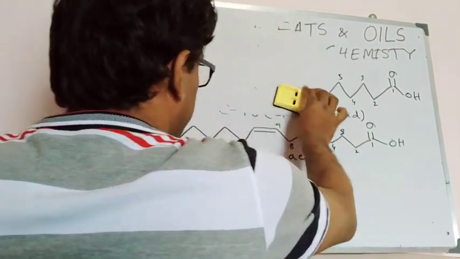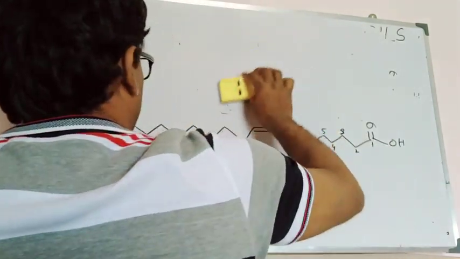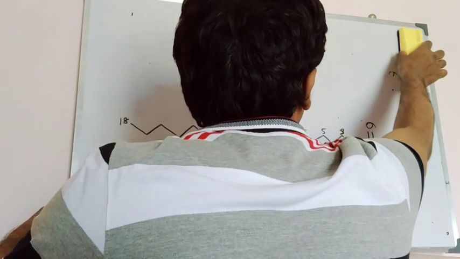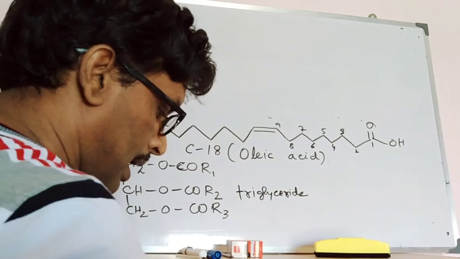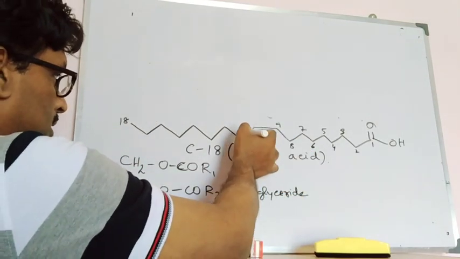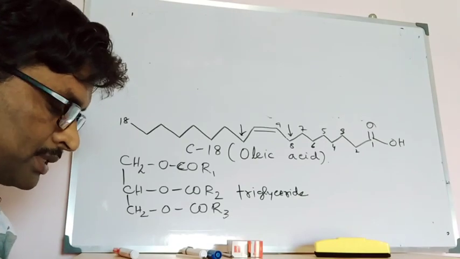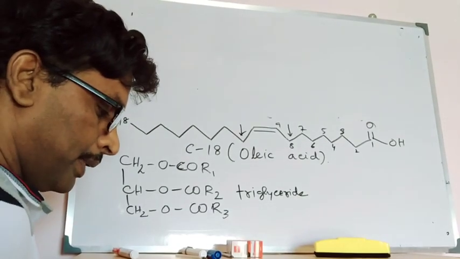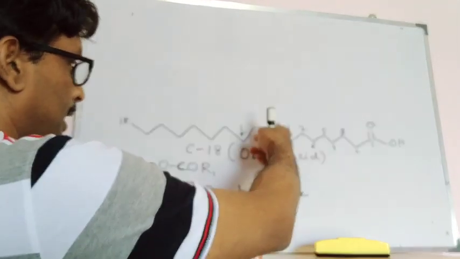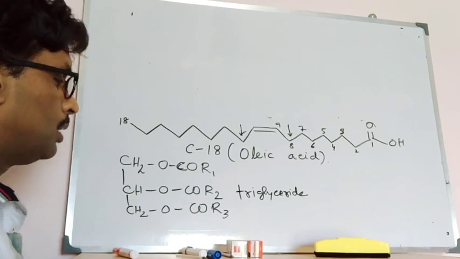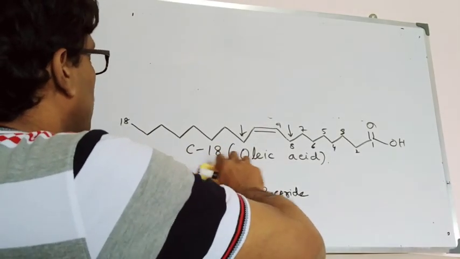As the double bond is present in R1, R2 or R3, its allylic position, that is, this position or this position, is the allylic position of that R. In the presence of free radicals, it can react and change to something else. This can be shown by the following reaction scheme.